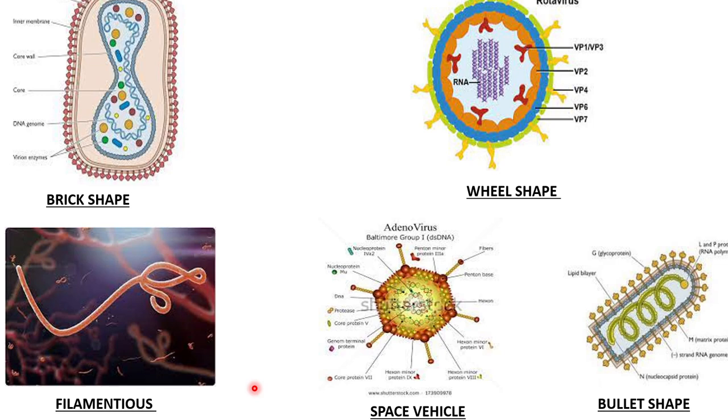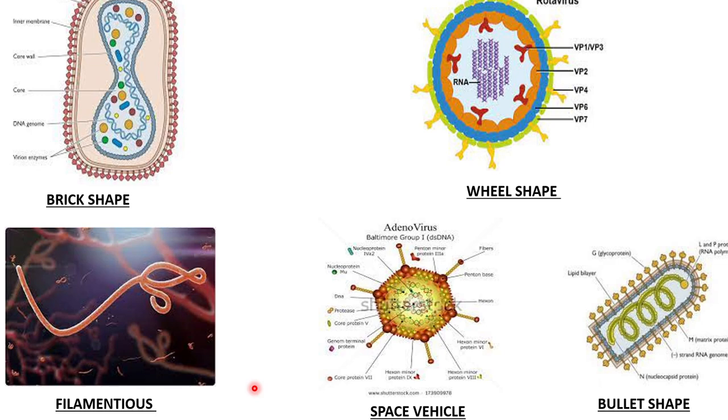About structure, it basically contains nucleic acid, capsid and envelope. The nucleic acid may be DNA or RNA, and next to the nucleic acid there will be the capsid, which is composed of capsomers. If the viruses are enveloped, they will have the envelope as the outermost layer.